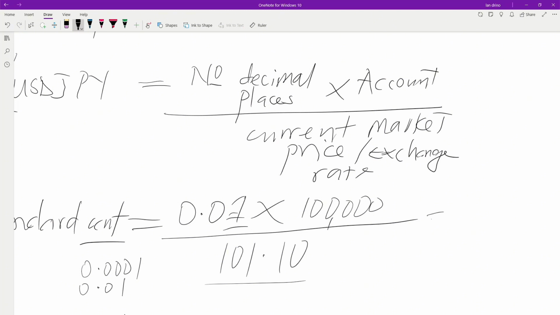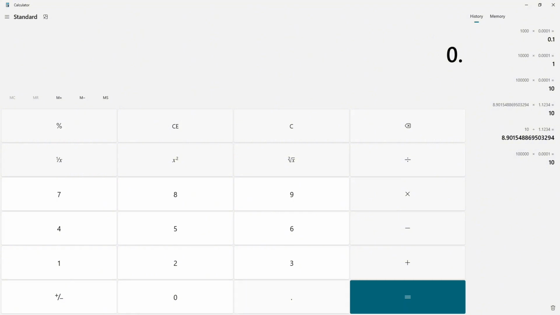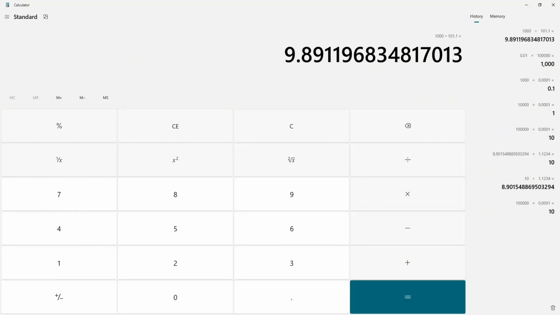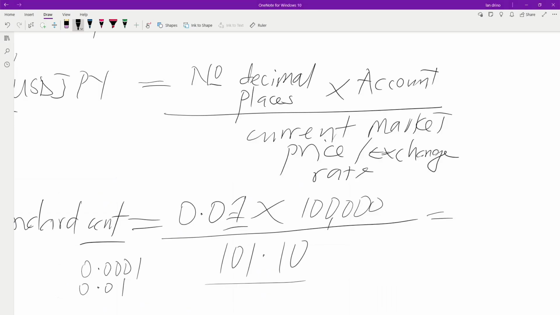So 0.01 times 100,000 is going to give us 1,000. Now if you divide this by the current market price, 101.10, it's going to give us about $9.89.